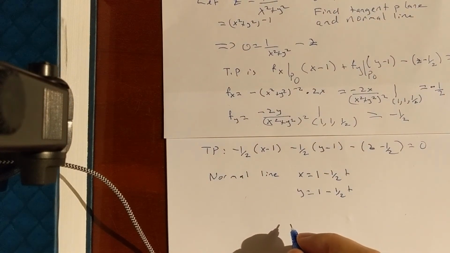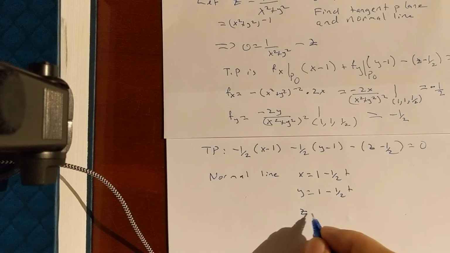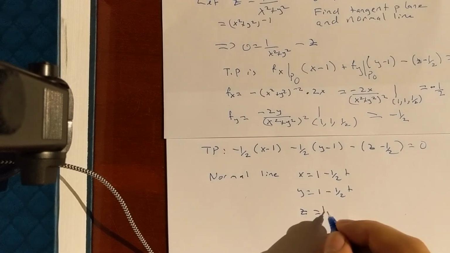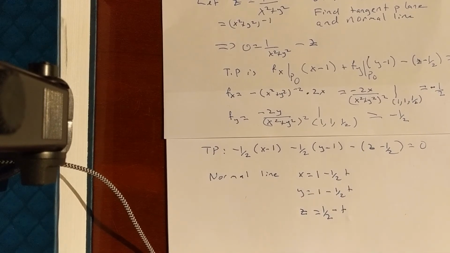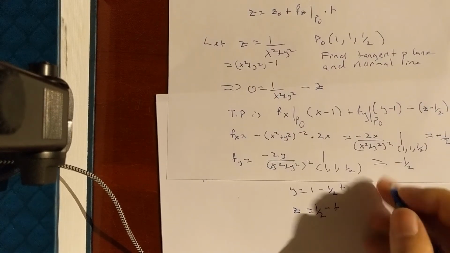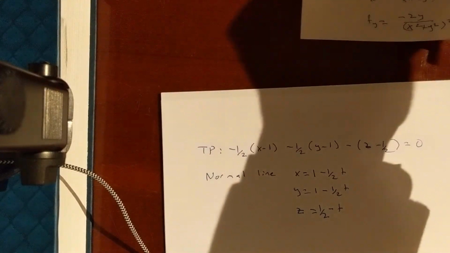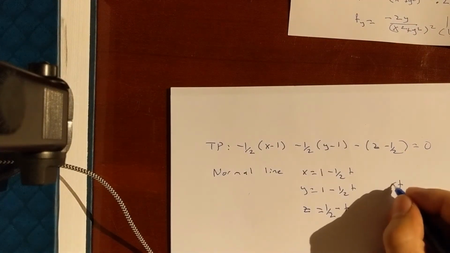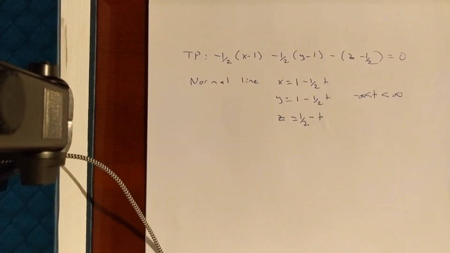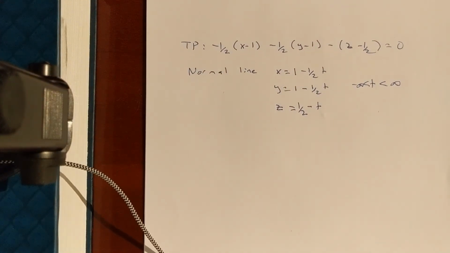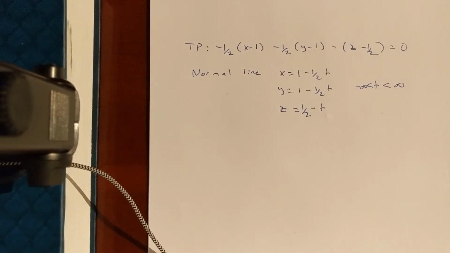And z is going to be 1 minus t. So that would be our line. Of course, here t is again between negative infinity and infinity. Okay, so that's an example of this just applied.